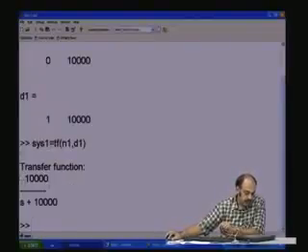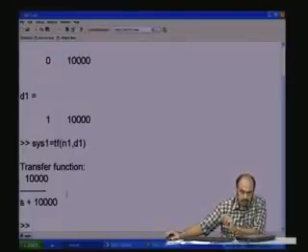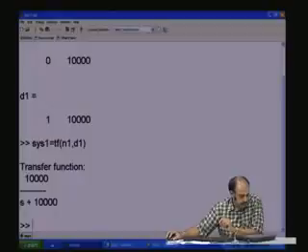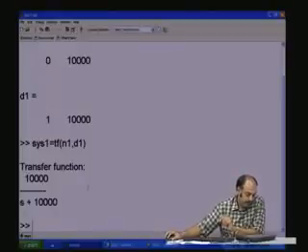You see the transfer function now is in our familiar notation. This is 10,000 divided by S plus 10,000. 10,000 is 1 by RC, isn't it? R was 10 and C was 10 to the power minus 10 microfarads. So, 1 by RC is going to be 10,000. S plus 1 by RC. Okay.